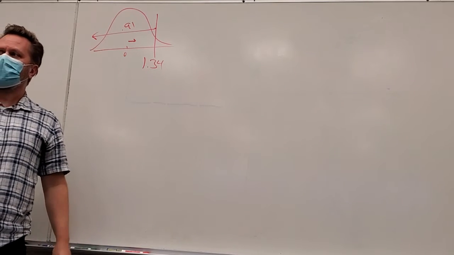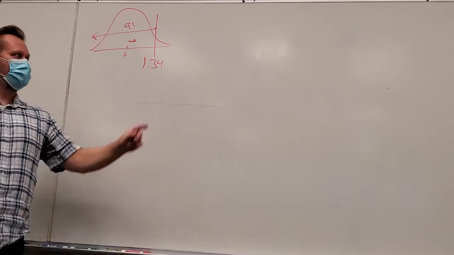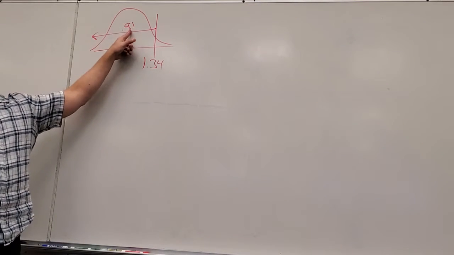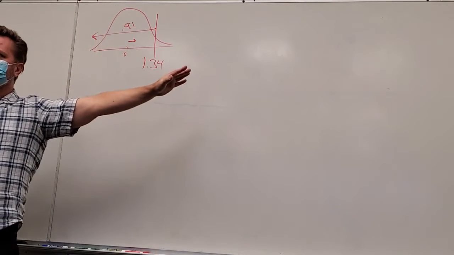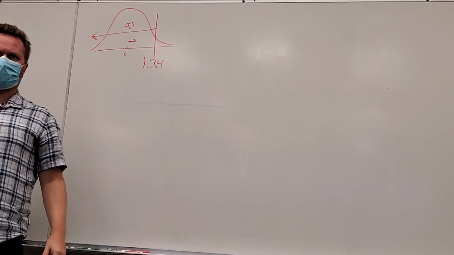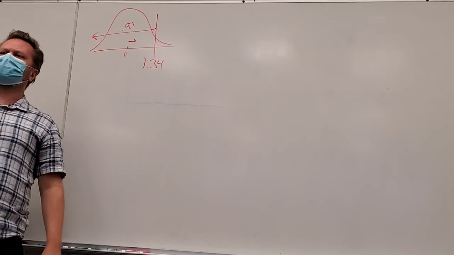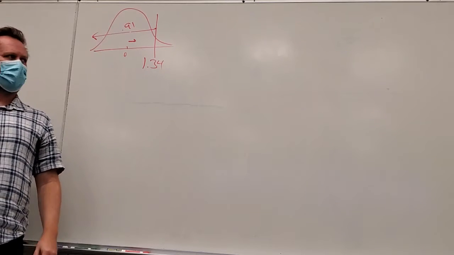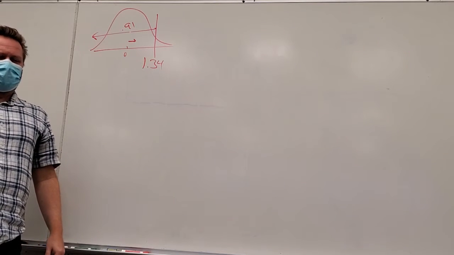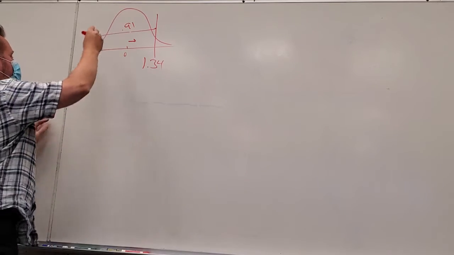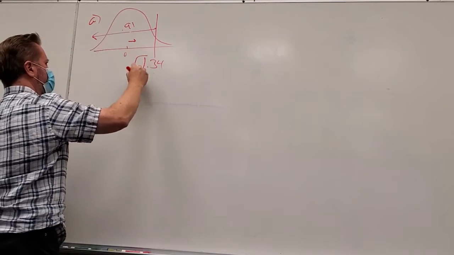So if your height z-score was 1.34, you are taller than 91% of everybody else, because heights are normally distributed, right? Okay, so that's part A. Part A is pretty straightforward.